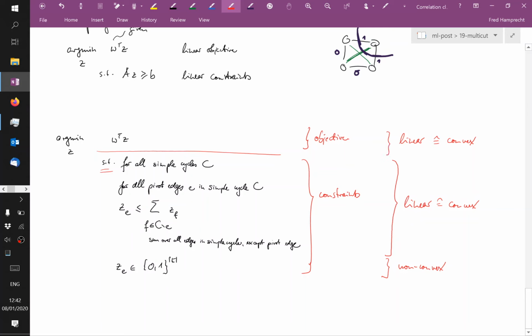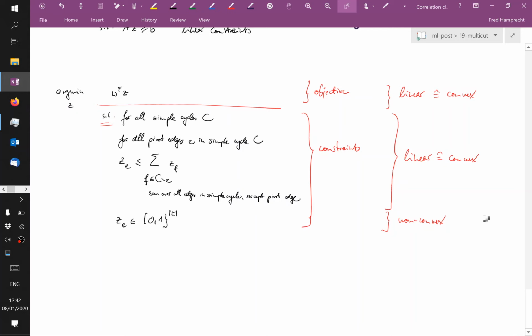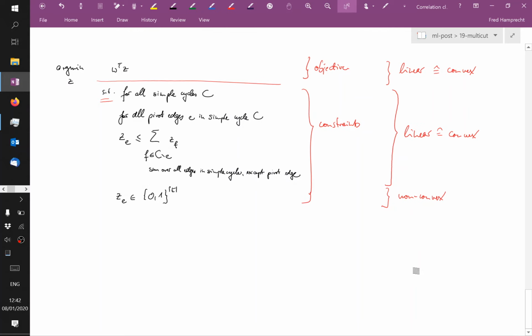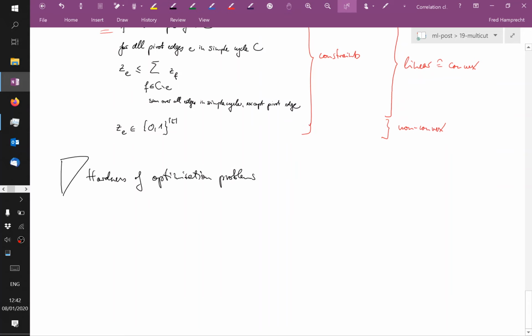And in optimization, this convexity or not decides whether your problem is a hard one or not. So let me make a small excursion here, hardness of optimization problems. I'm going to make a sort of graphical table for you.